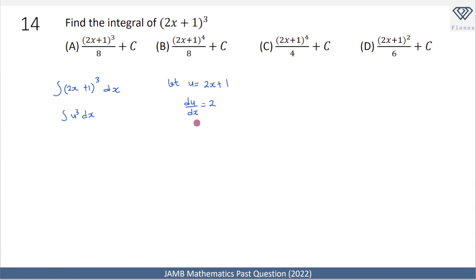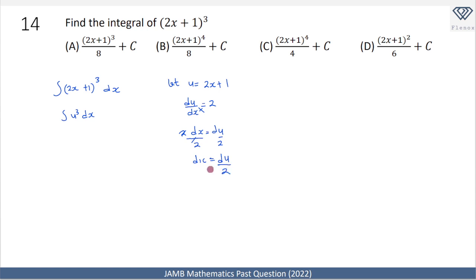So to make dx the subject, if we cross multiply, 2 dx will be equal to du, and if we divide both sides by 2, dx will be equal to du over 2.